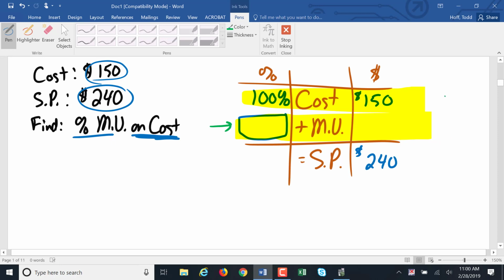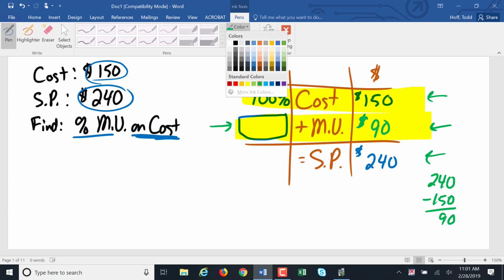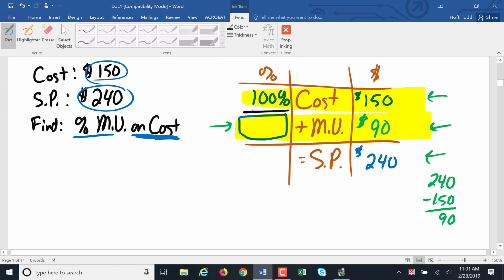Cost plus markup equals selling price. 150 plus whatever that dollar markup is has to equal 240. So we can work backwards. 240 minus 150 gives us that markup must be $90. Now that we have that, we can see that we have both lines that we need for our proportion. I'm going to draw in my proportion here. This is my ratio on each side.